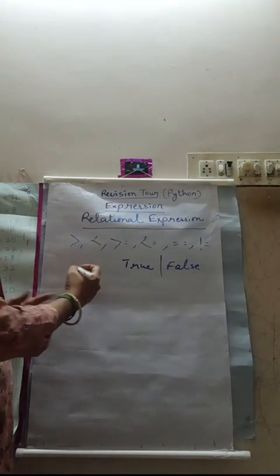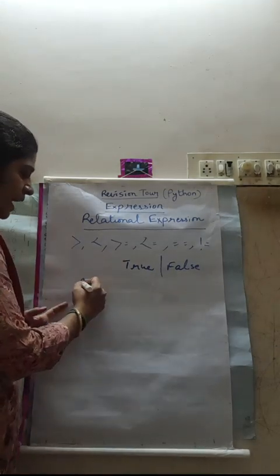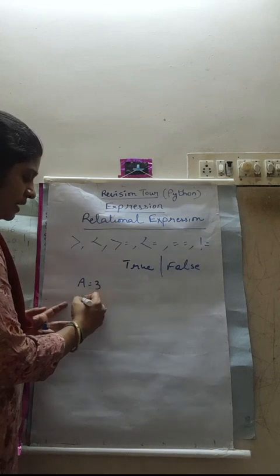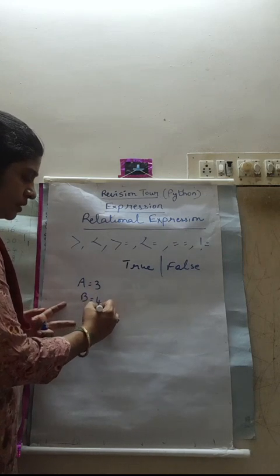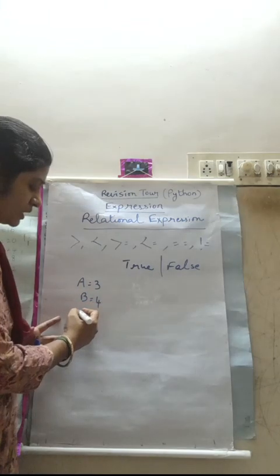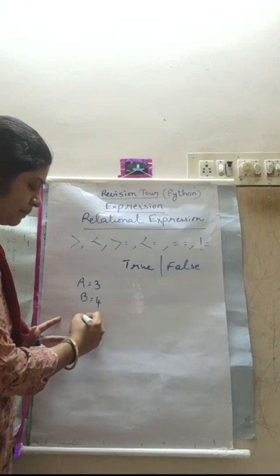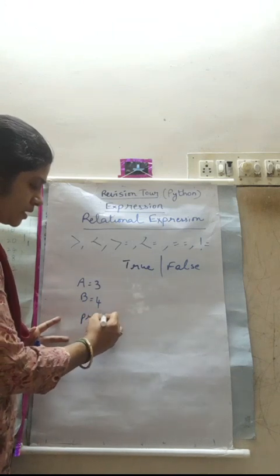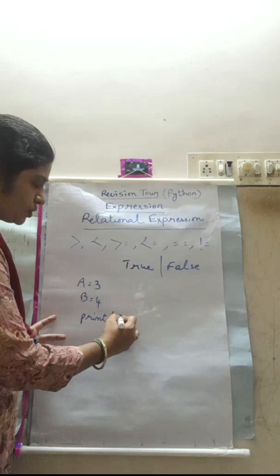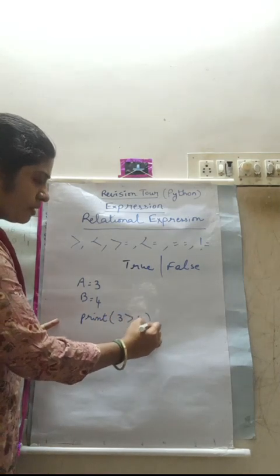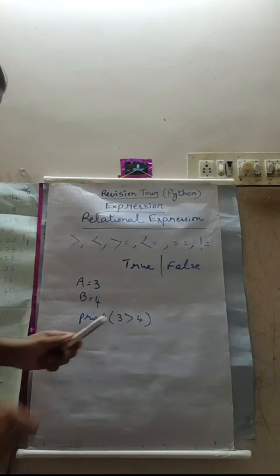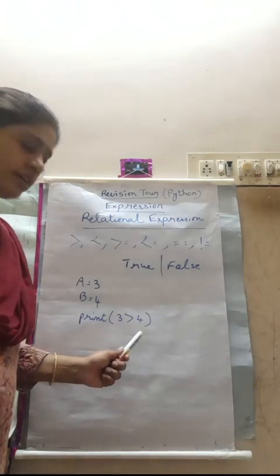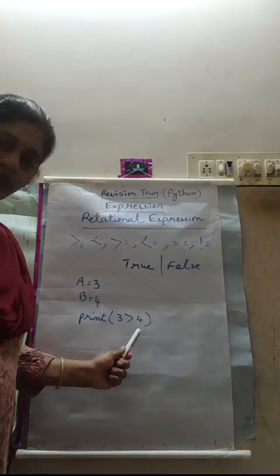Suppose I have A is equal to 3 and B is equal to 4. Now if I use a relational operator like this, print 3 greater than 4, what would be the answer? Is 3 greater than 4? No, it is false.